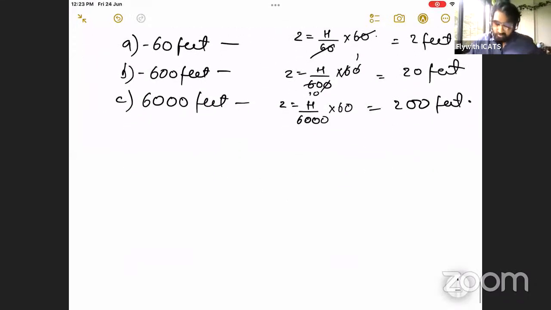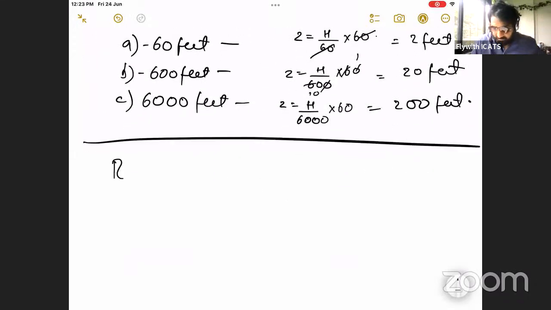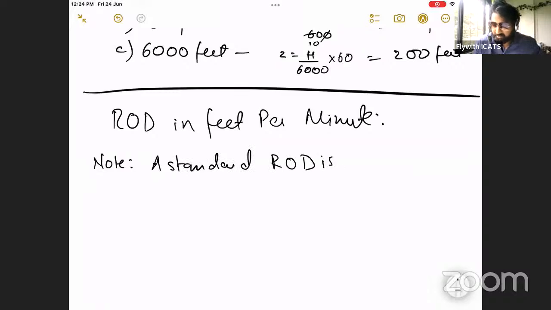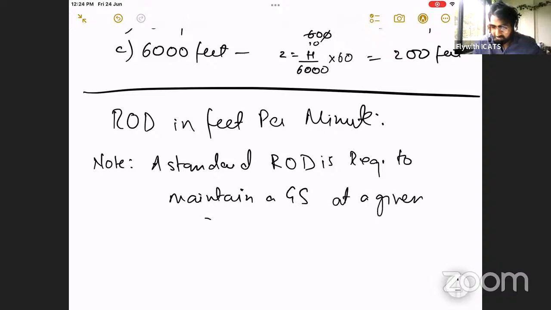Chalo. Now let's calculate rate of descent in feet per minute. Okay. Note, a standard rate of descent is required to maintain a glide slope at a given speed.